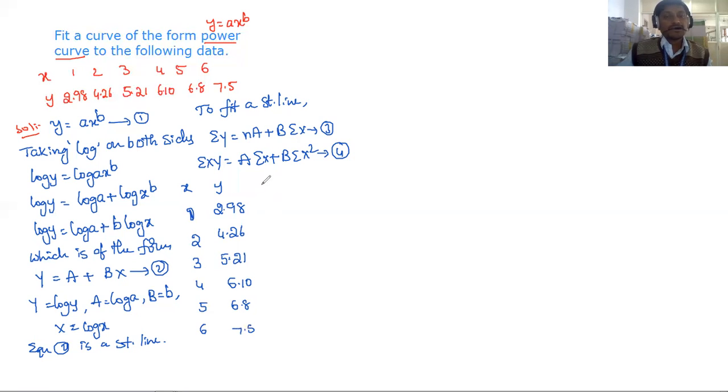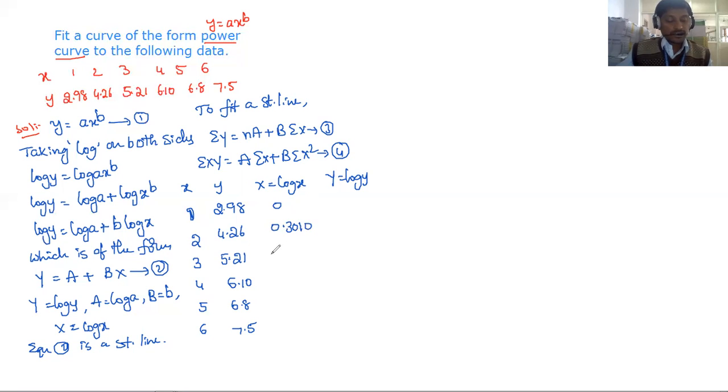And next we require capital X and capital Y. Here capital X is nothing but log x, and capital Y is equal to log y. In the previous exponential curve there was no need to find that, but here capital X also we need to calculate. That is log 1, so log 1 is 0.